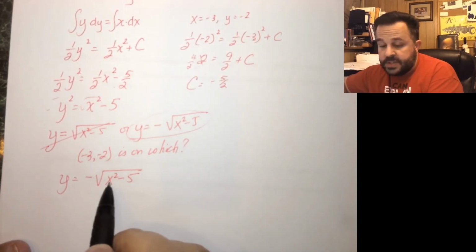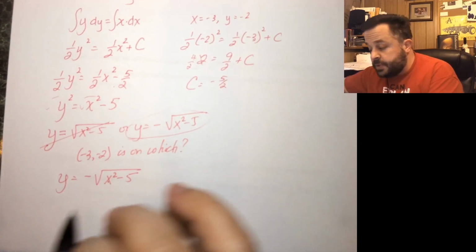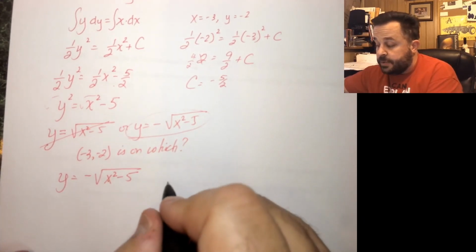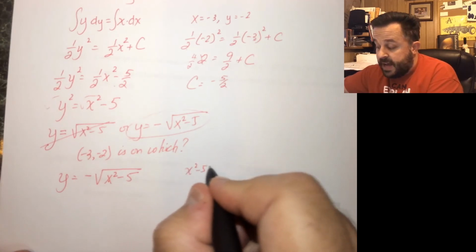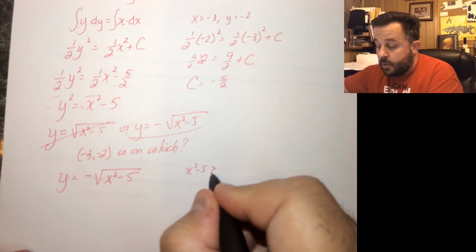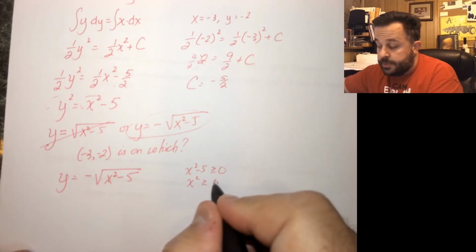Now, in this case here, our domain is going to be, well, if this is regular algebra 2 finding the domain, then we would say that x squared minus 5 must be greater than or equal to 0. So that means x squared must be greater than or equal to 5.